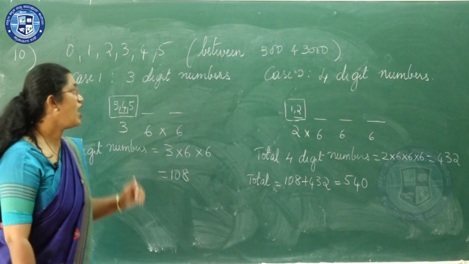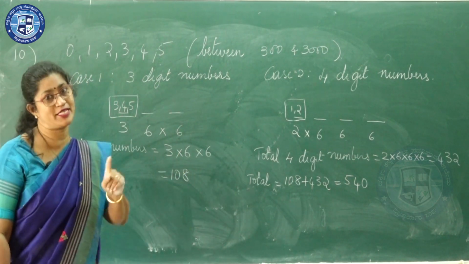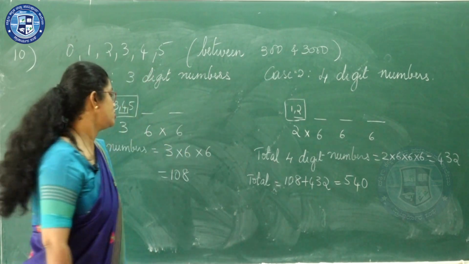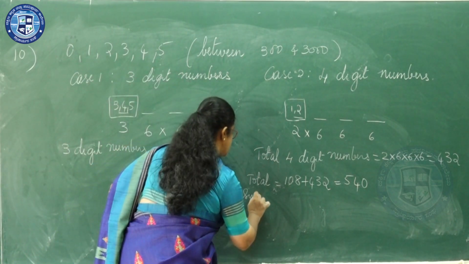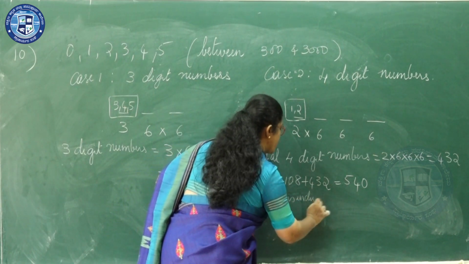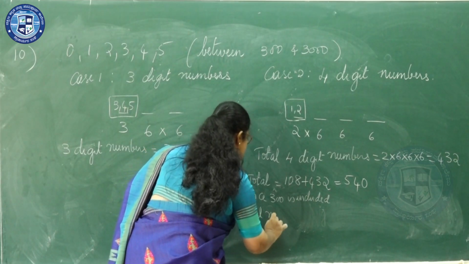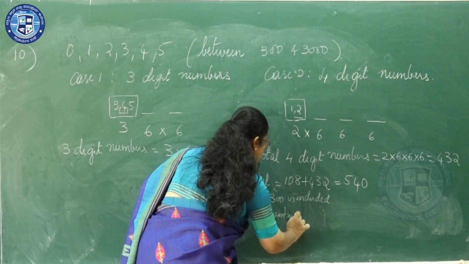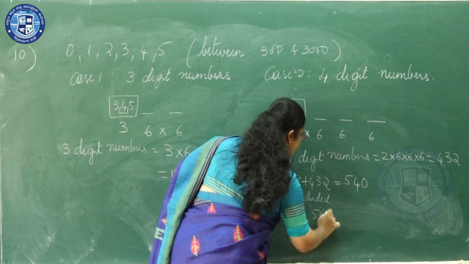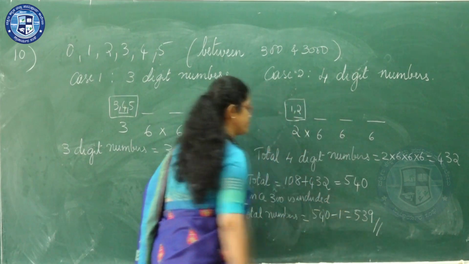That means I have included 300, so what should I do? I should exclude that one number. So since 300 is included, the total numbers is 540 minus 1, that is 539.